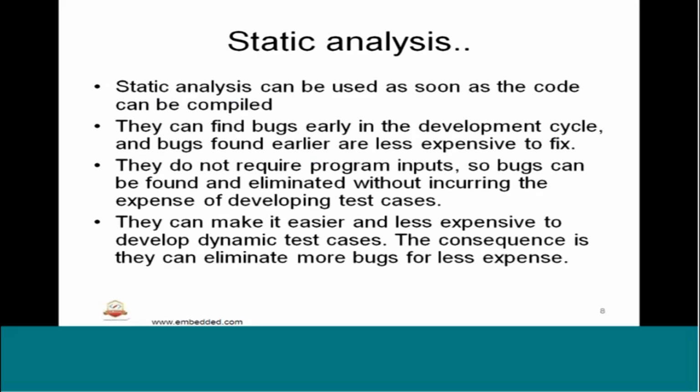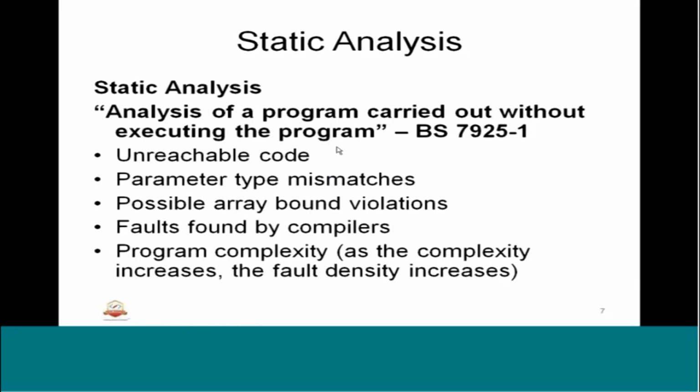By analyzing the code, we will discover there are certain pieces of code, certain software units, which are not reachable in the entire execution of the program, or which are dead. Then parameter type mismatches. That means the parameters intended to be used in different functions are not being followed. There is a mismatch between what parameters are supposed to be used and the parameters that are implemented.